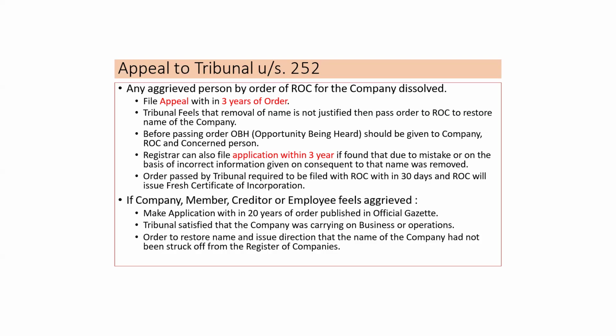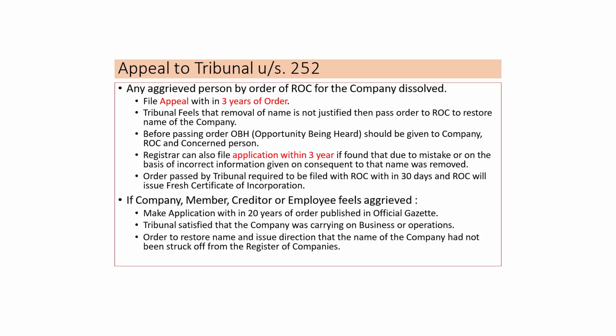Before passing the order, an opportunity of being heard should be given to the company, ROC and the concerned person. The registrar can also file the application within 3 years if it is found that the name was removed due to mistake or on the basis of incorrect information. An order passed by the tribunal is required to be filed with the ROC within 30 days, and the ROC will issue a fresh certificate of incorporation.